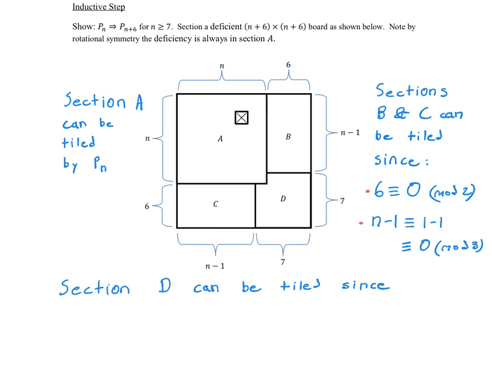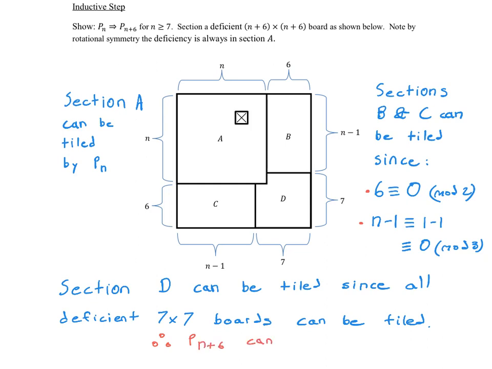So we'll just use that here again. So this completes our inductive step. Sections A, B, C, and D can all be perfectly tiled with right Trominoes. So in conclusion, we can say, therefore, P sub n plus 6 can be tiled.